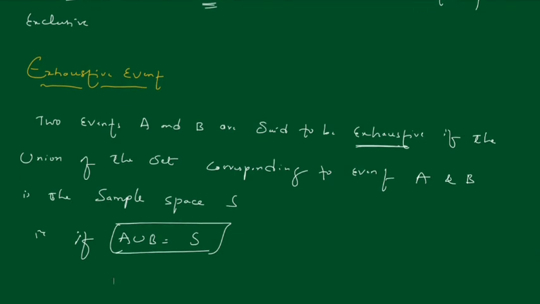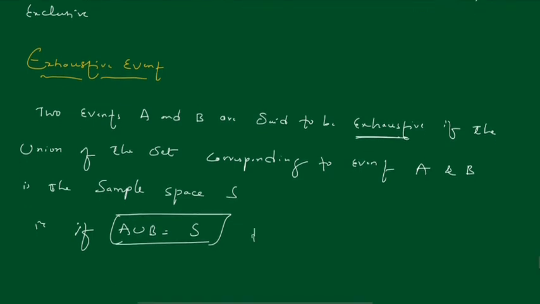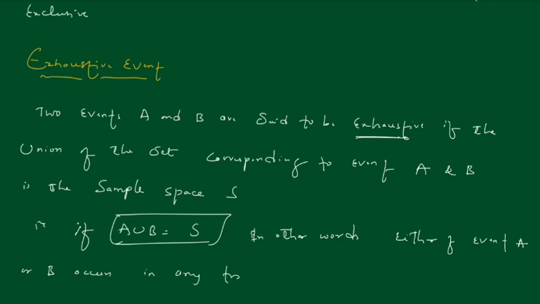In other words, either of the events A or B occurs in any trial or experiment.